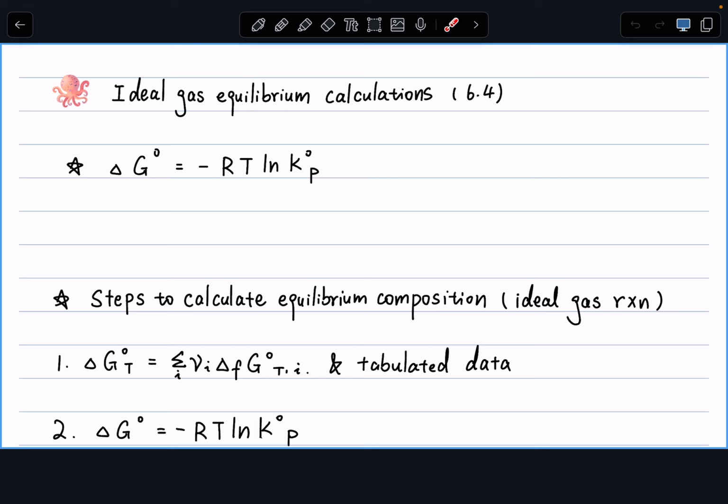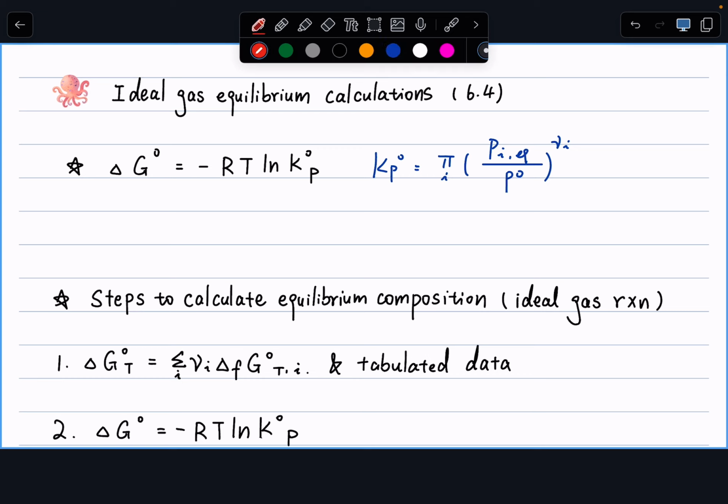We define our equilibrium constant, Kp naught, as a product of the partial pressures of gases at equilibrium over the standard 1 bar. Note that the little subscript EQ tells you this is a composition at equilibrium, and the big K tells you it's calculated for the equilibrium composition.